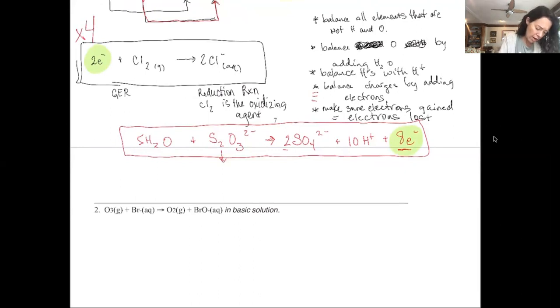So now let's rewrite that. I have 4 electrons. No, that's 8, because 4 times 2 is 8. I have 8 electrons, 4 chlorine molecules, and 8 chloride ions.